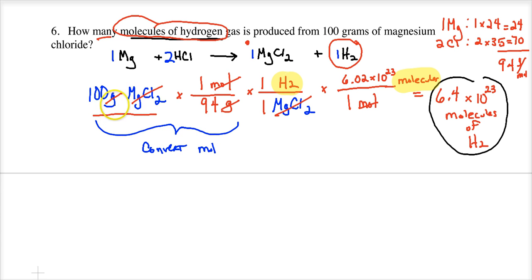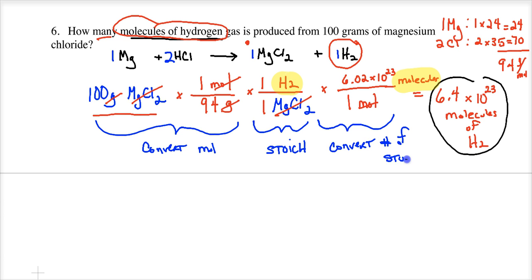Second step, this is the stoichiometry. And this is converting to the number of stuff, as I like to call it. Okay, so three steps in this problem. All right, let's go on to the next couple of problems.